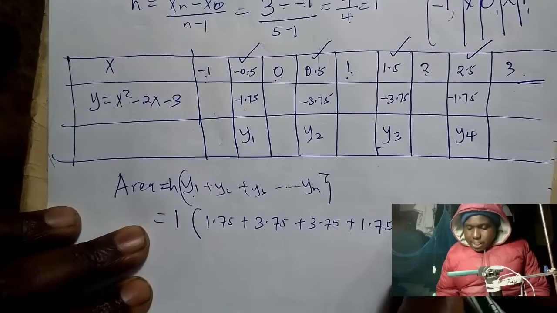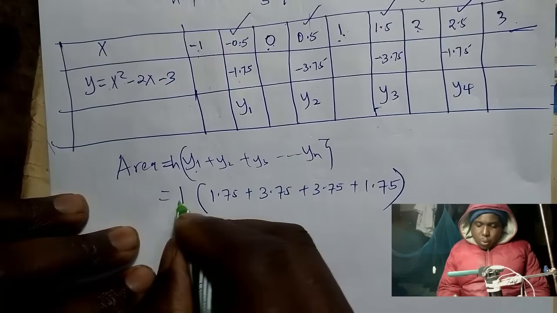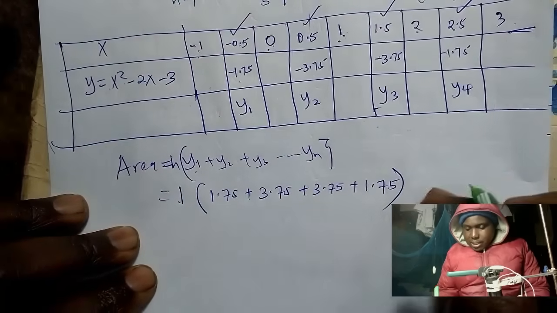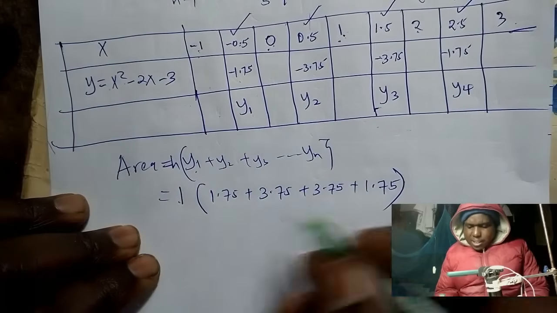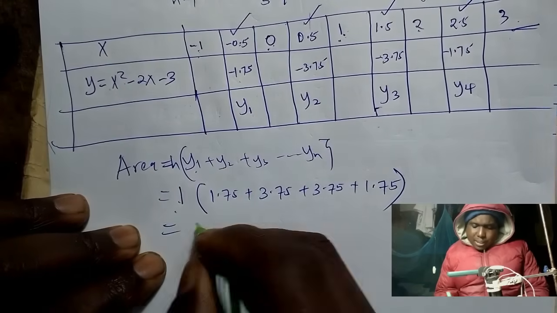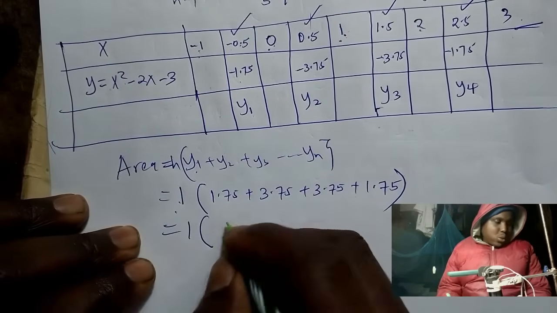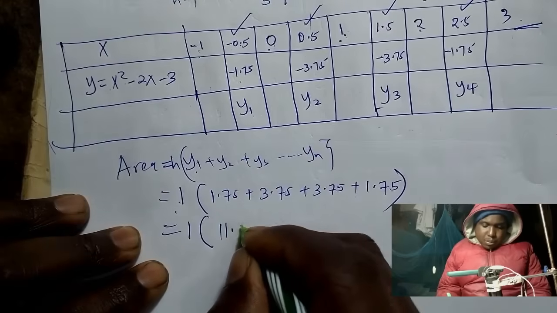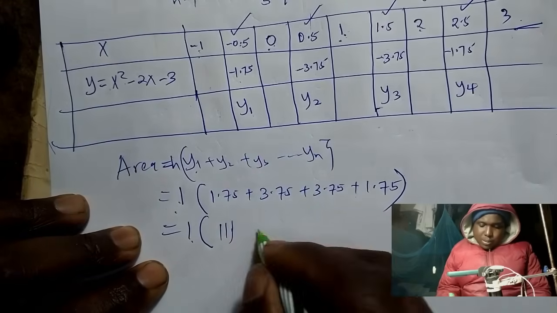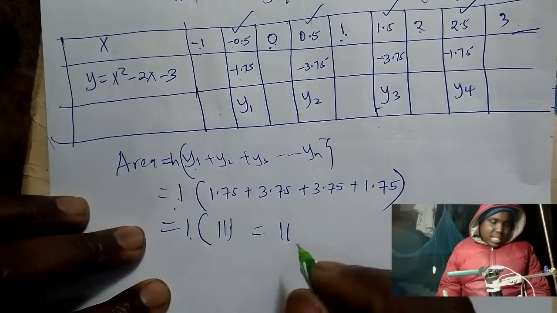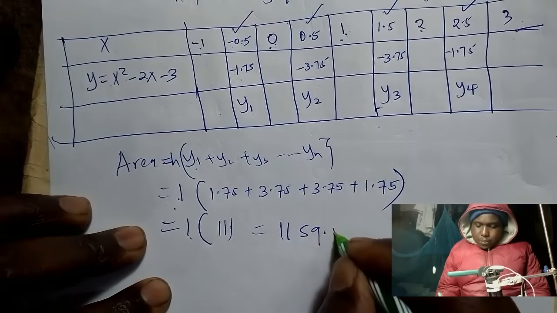That is our h. Now 1 times anything in a bracket is whatever is in the bracket. So we are 1 into the total, which is 11. So 1 times 11, the answer is 11 square units.